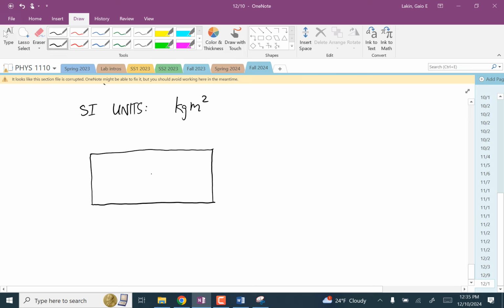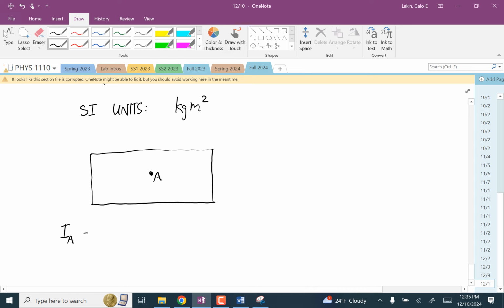The first one is at A, right at the center of this rectangle. If you have a rectangle and you're trying to spin it around the center, that's the easiest it can be to get this rectangle rotating.